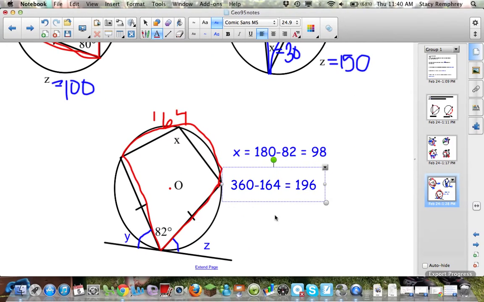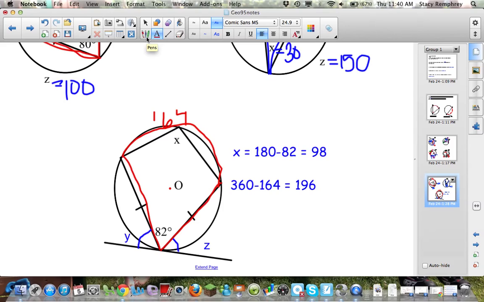So, is that right? No, 196 sounds right. And then this splits equally, so that leaves 84 for each.